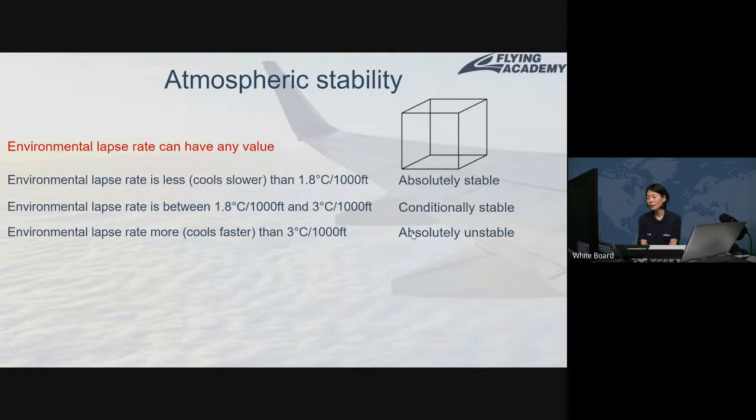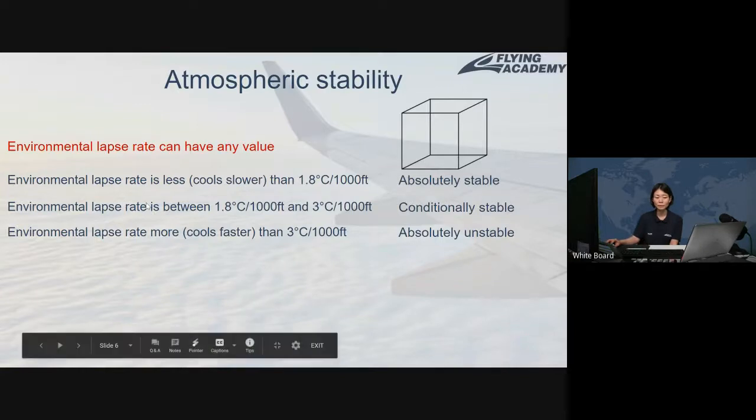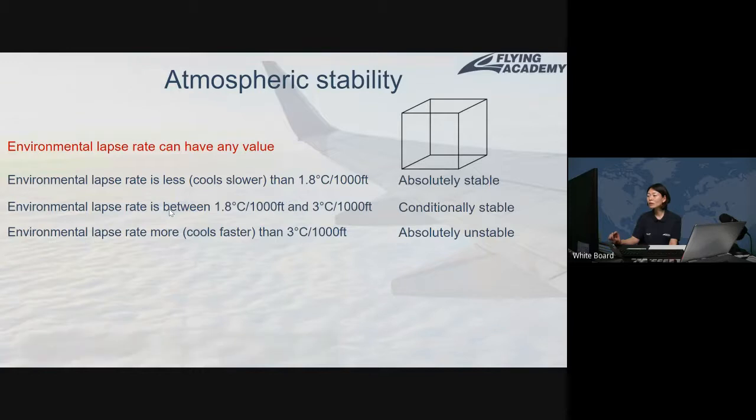Yes, it's not going up anymore because it doesn't have any force. Saturated air rate is the beginning of the cloud? No, the beginning of the cloud is the place where you have the dew point.